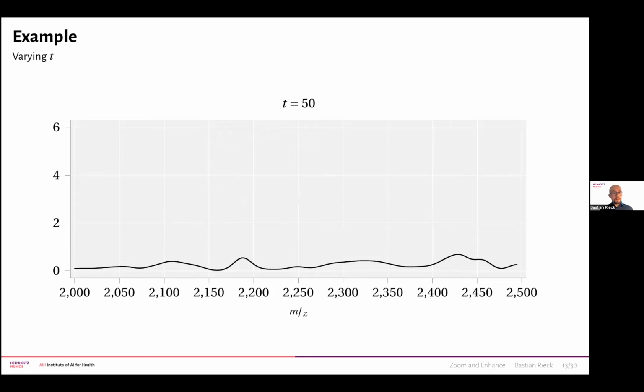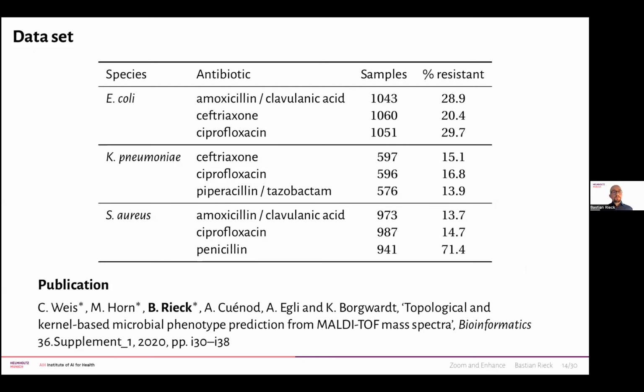find the best T by some process. Now, we picked Gaussian processes for this, and we used a very, very small data set. But as a success story and a small spoiler, I can already tell you that the data set is about to get much, much bigger. But for this first, let's say, pilot project, we used a very small data set consisting of three so-called priority pathogens.